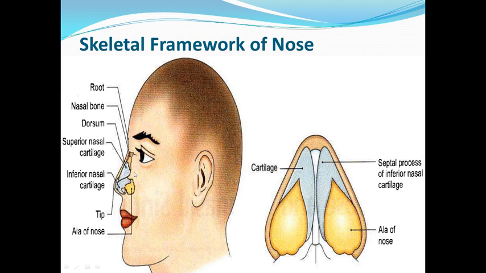The superior nasal cartilage, the inferior nasal cartilage and the septal cartilage form the cartilaginous framework of the external nose.